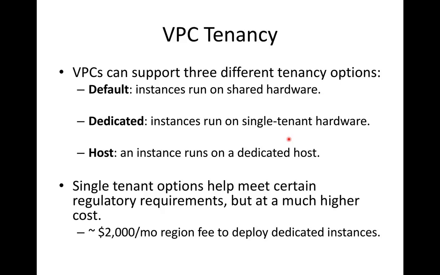It's going to cost you at least a minimum of $2,000 per month per region just to deploy your first dedicated instance. So it's not an inexpensive way to deploy computing resources, but there might be cases where you're absolutely required to do it. And AWS provides this single tenancy option.